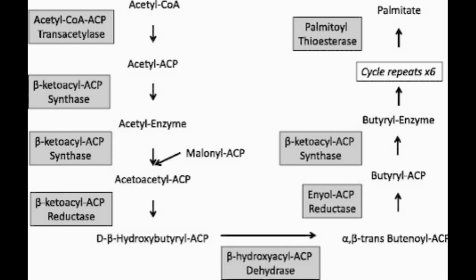From one acetyl coenzyme A, which is C2, you're going to reach palmitate, which is C16. These are the different enzymes involved: acetyl CoA transacetylase, beta-ketoacyl ACP synthase, beta-hydroxyacyl ACP dehydrase, and palmitoyl thioesterase. These are different enzymes involved in the formation of the final palmitate.